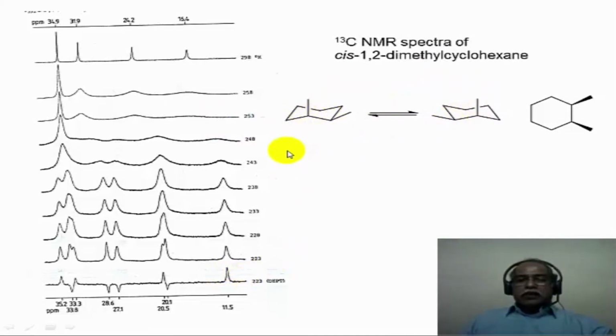The enantiomers being indistinguishable, you just see as if there is only one type of molecule in the NMR spectrum of the cis-1,2-dimethylcyclohexane at low temperature, whereas close to room temperature, essentially you see the averaged out signal corresponding to 4 carbons in the NMR spectrum, because this would be the average of these two types of structures.